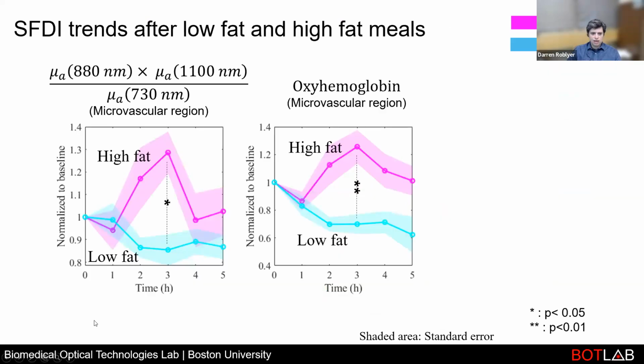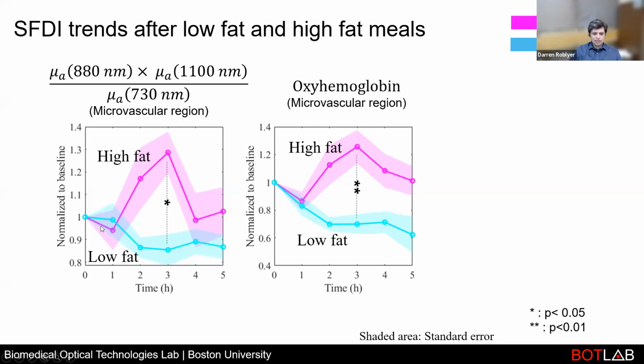So looking at that in a different way, here's two optical metrics. This is oxyhemoglobin, and this is a composite metric of μA, the absorption coefficient at 880 nanometers times 1100 nanometers divided by 730 nanometers. And remember, this 1100 nanometers is that deep penetrating wavelength I talked about earlier.